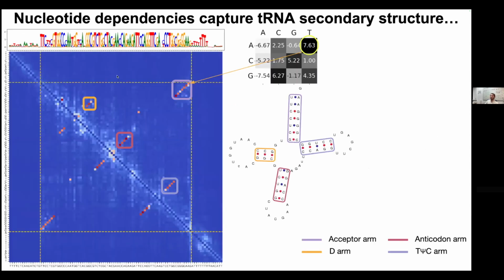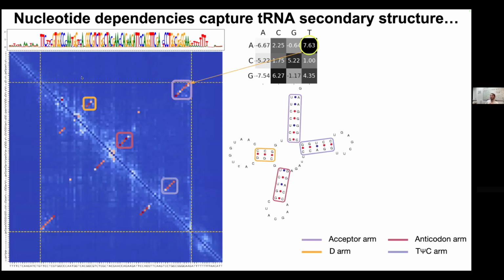And then we plot it in the shape of a map where each query nucleotide is a row and each target nucleotide is a column. So if we go back to the previous example, we see the T in the row here and the A in the column here, and the dependency will be the maximum value in this table.